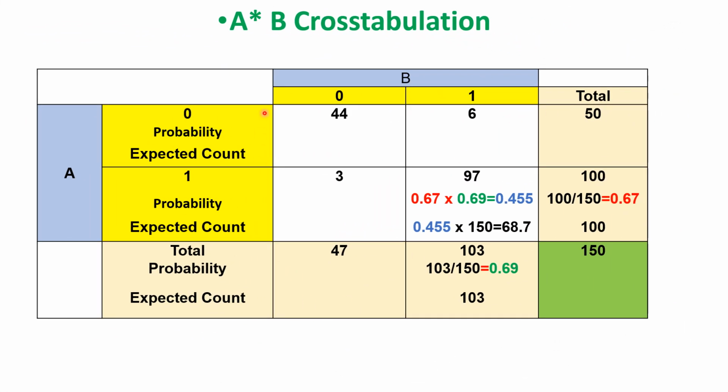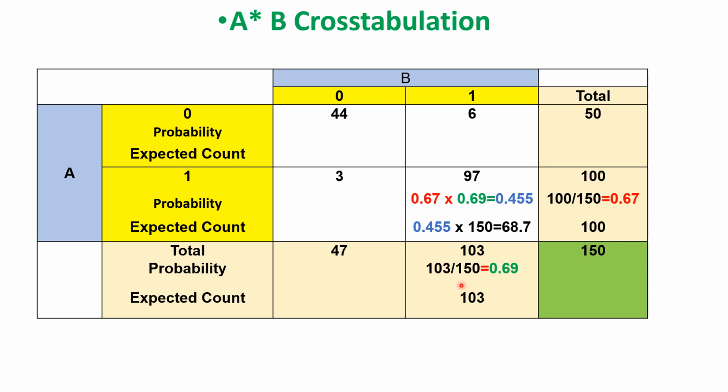Here, marginal probability theory will be applied for the AB cross tabulation. Now there are 103 jobs for which operator B is saying it is okay, and operator A is saying there are 100 jobs which are okay, and total jobs are 150.